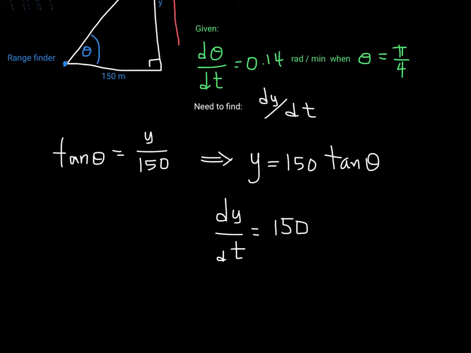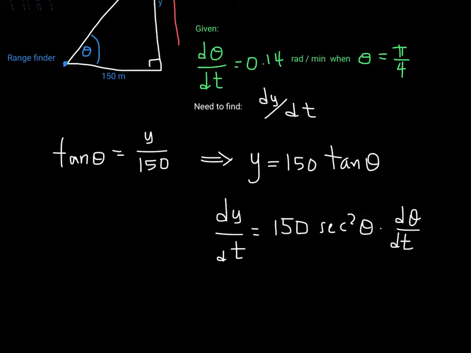Now the derivative of tangent of theta is secant squared of theta, d theta/dt. Remember, theta is a function of t. That was the chain rule.